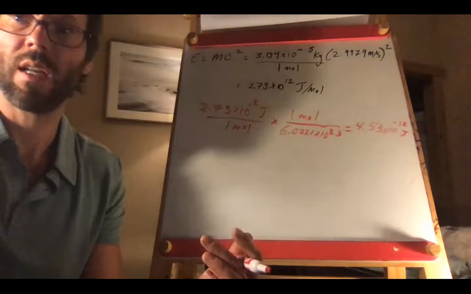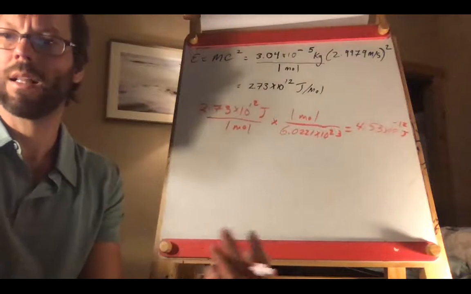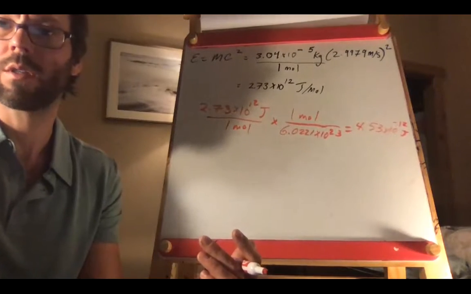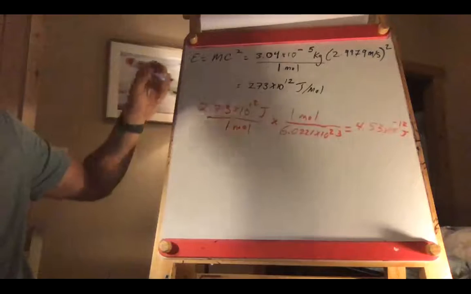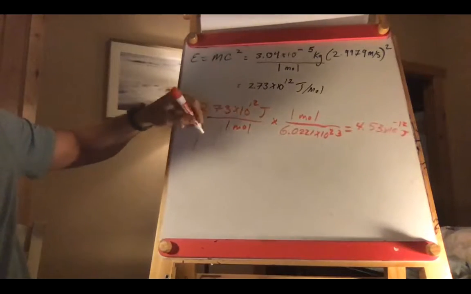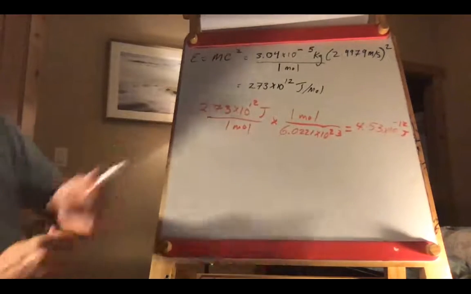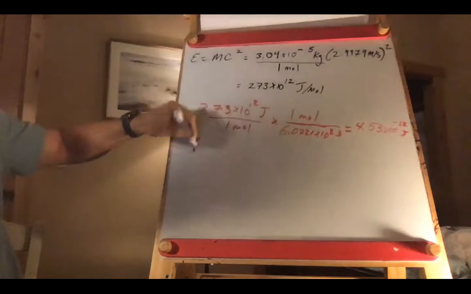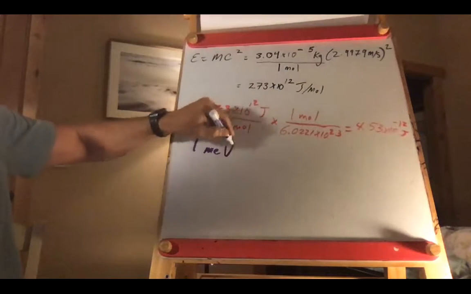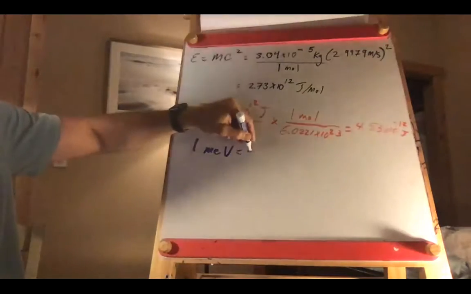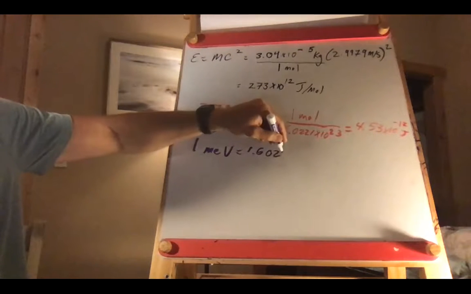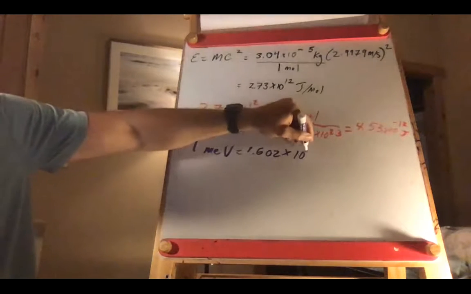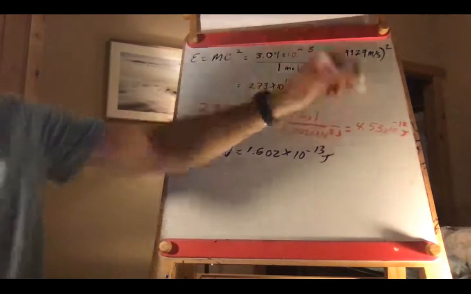And then for C, they want mega electron volts per nucleus. So remember what that conversion factor was. We said that 1 mega electron volt is equal to 1.602 times 10 to the -13 joules.